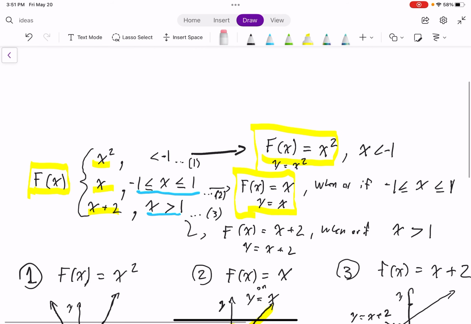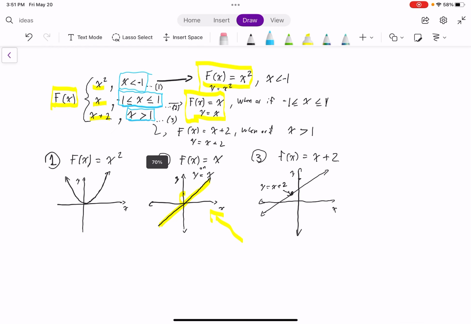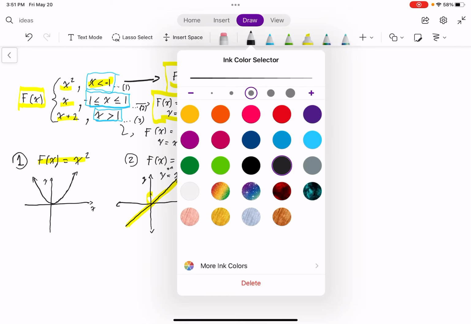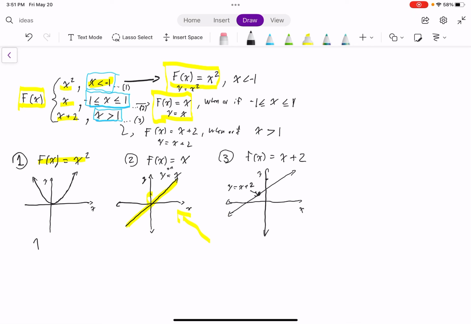But just graphing these doesn't really mean a whole lot, because you have, again, the domains or intervals in which these functions exist. So for one, this guy, we have x is less than negative 1.